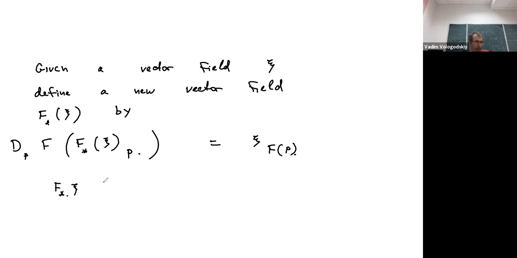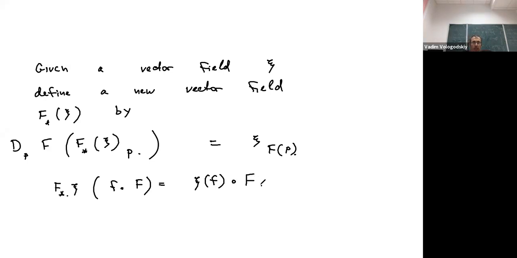It's immediate to see that this new vector field has a property that if you apply it to a function, which is F composed with F, you take the original derivation, apply it to F, you get a function, and you compose it with F.